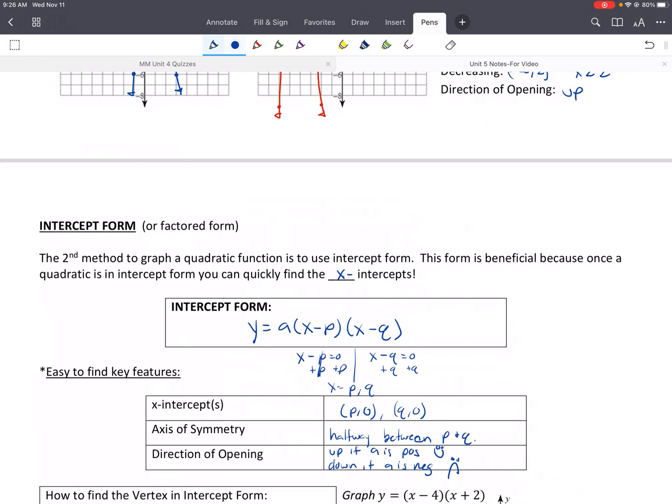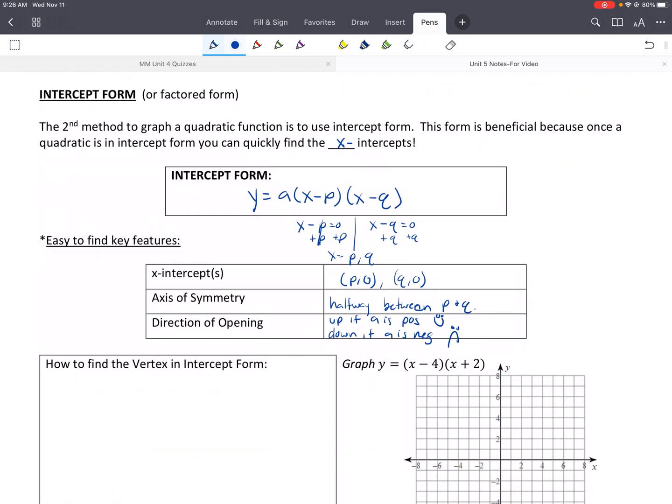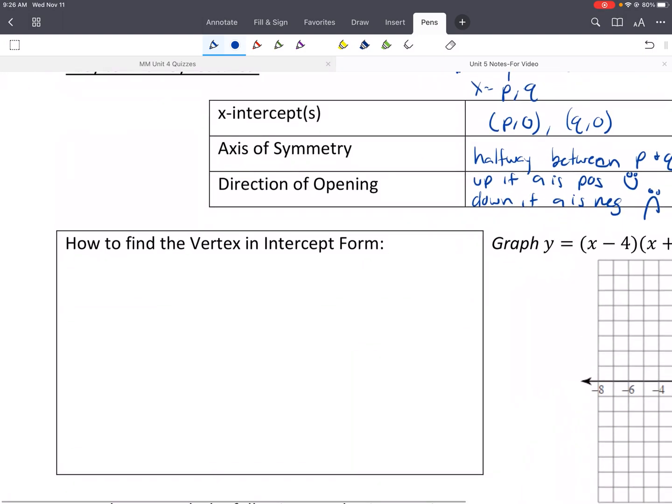All right, so let's do a problem together, how to find the vertex. Because again, that's what we're trying to find for all of these, the vertex and the a value so that we can use the growth pattern. So the first thing we're going to do is locate and then plot the x-intercepts.